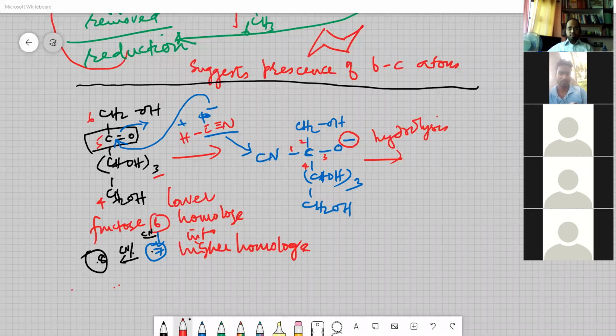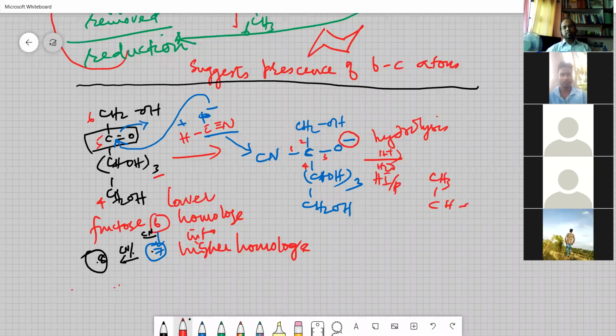So this hydrolysis, in the presence of HI plus P and some H2O plus some H, gives CH3, CH, COH, and then you have CHOH 3 times, then you have CH2. So 3 carbon atoms, the CHOH is 3 times, right? 3 carbon atoms, 4th carbon atom, 5th carbon atom, 6th carbon atom, 7th carbon atom.